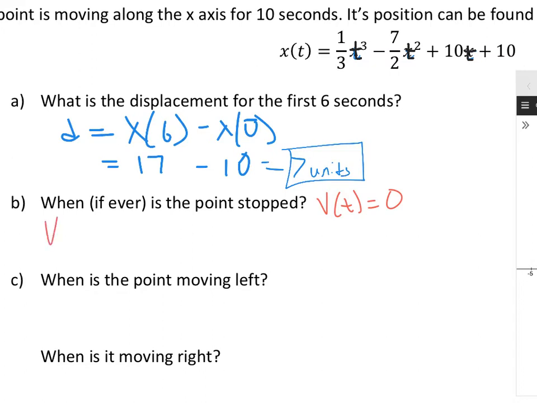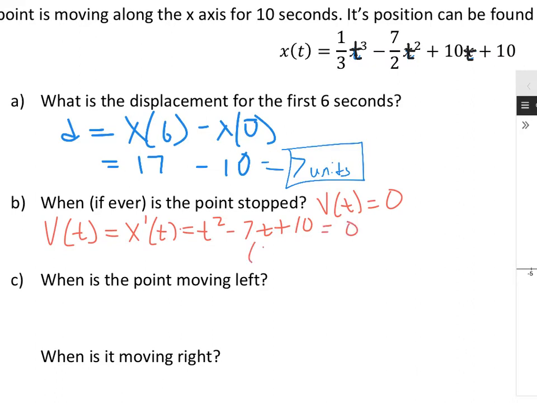Velocity is the derivative of the x function, or the position function. So we want the derivative of x of t, and that's going to be t squared minus 7t plus 10. And we want to set that equal to 0.